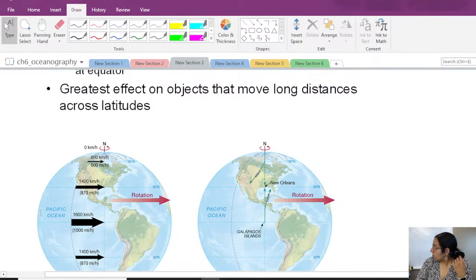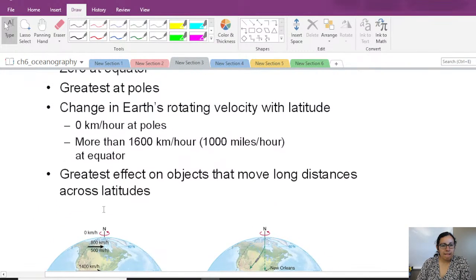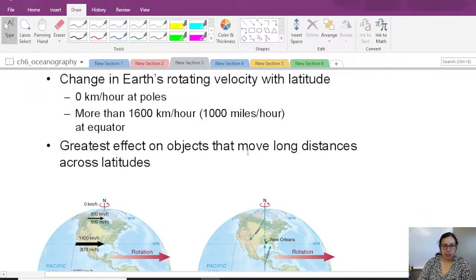We have our fastest velocity near the center, near the equator, versus our poles, where we basically have no extra velocity. So it depends how high. Like we were mentioning, it has the greatest effects on objects that move long distances.